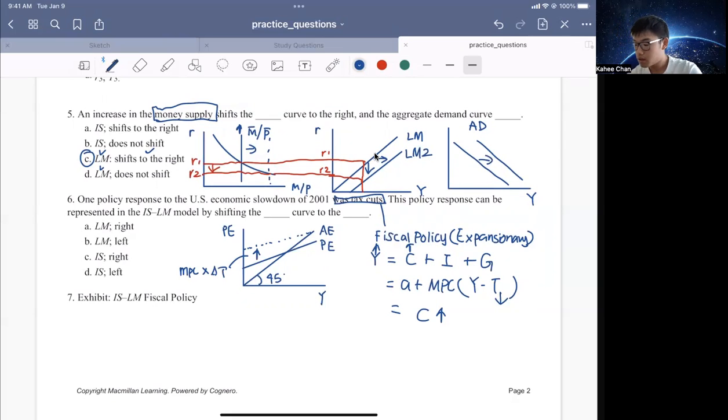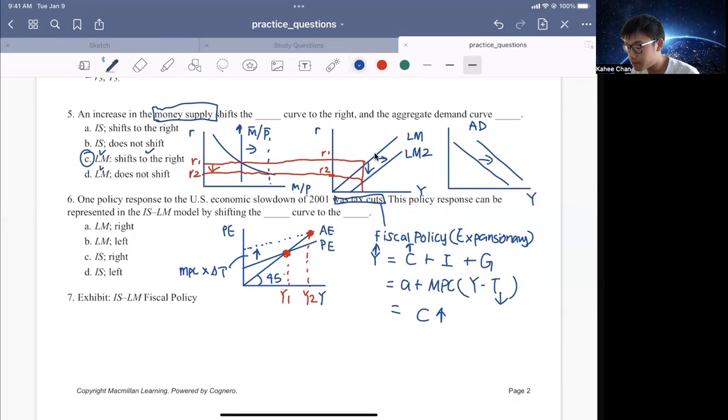So now we have a new equilibrium of Y. This is Y1, the original equilibrium, and here's Y2, the new equilibrium.